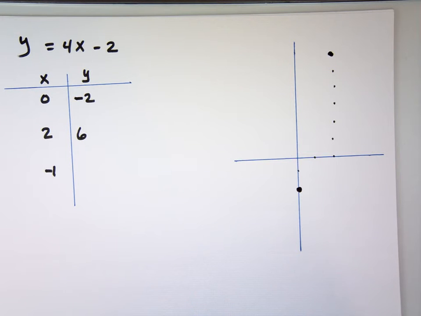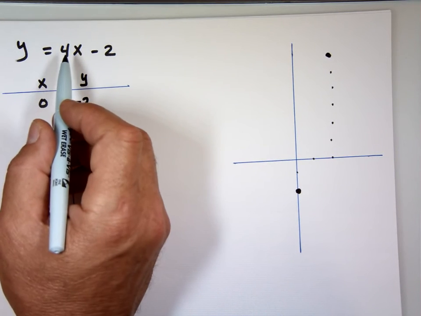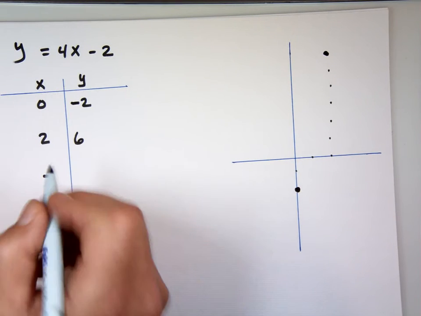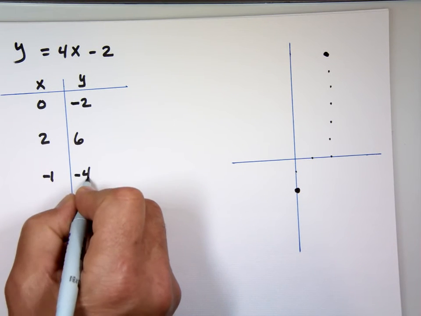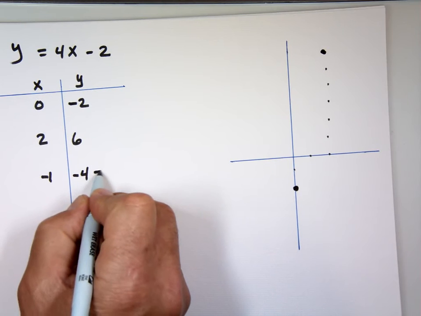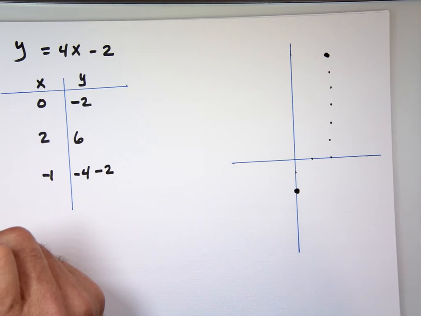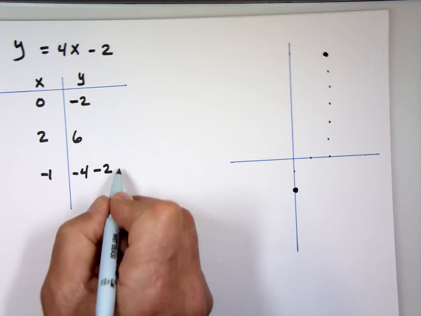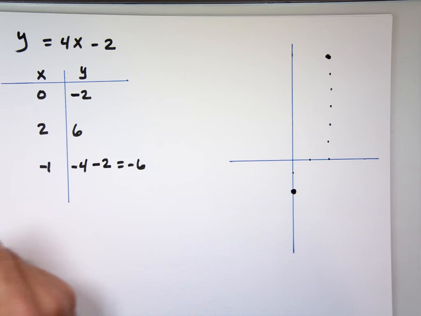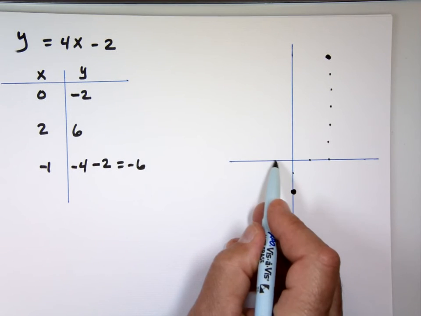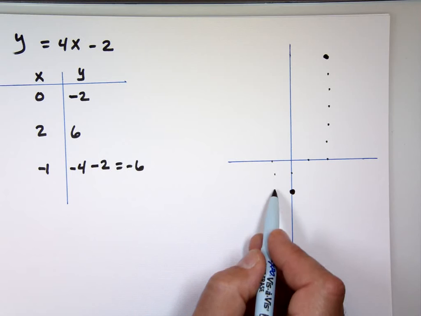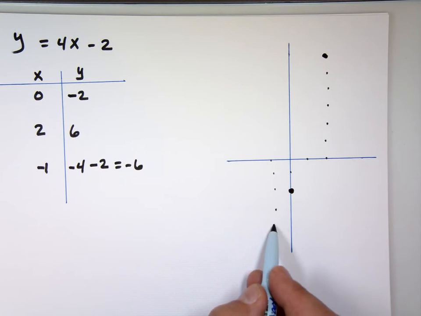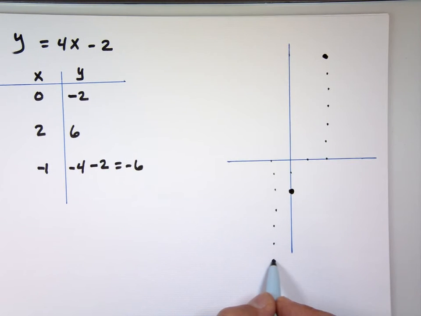When it's minus 1, 4 times the minus 1, negative 4, minus 2. What's negative 4 minus 2? Negative 6. So negative 1 and negative 6.